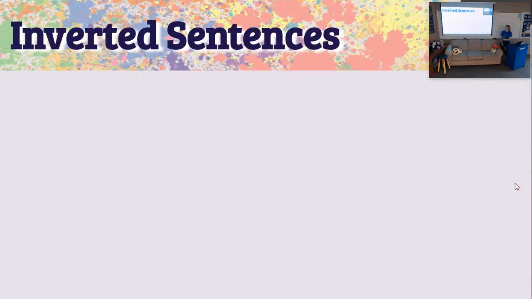Here we go. So now we're going to talk about some types of sentences where the subjects may not be in the usual spots. Because normally we have subjects coming before our verb in a sentence.